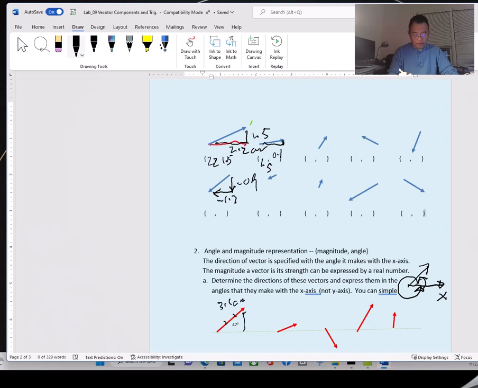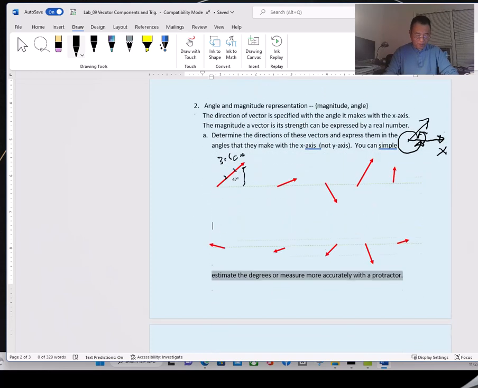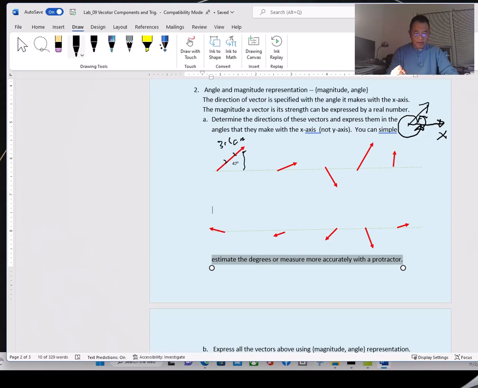Then you will involve trigonometry, cosine and sine. So for now, after this lab exercise, you can have well mastered the vector representations by components or by magnitude and direction.